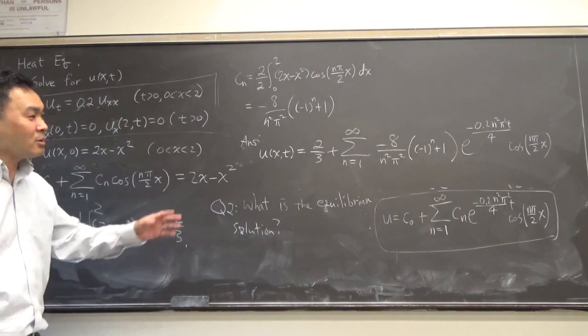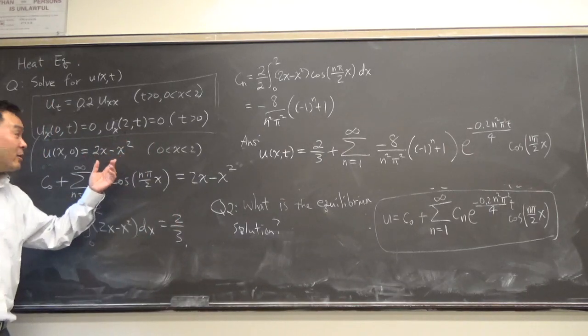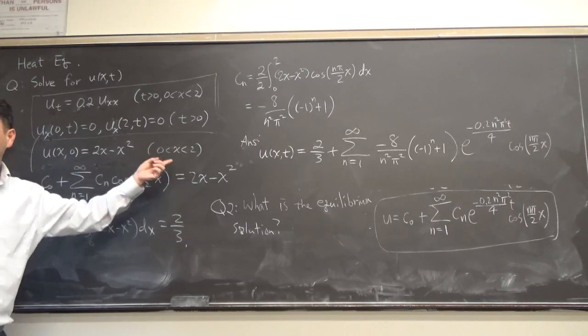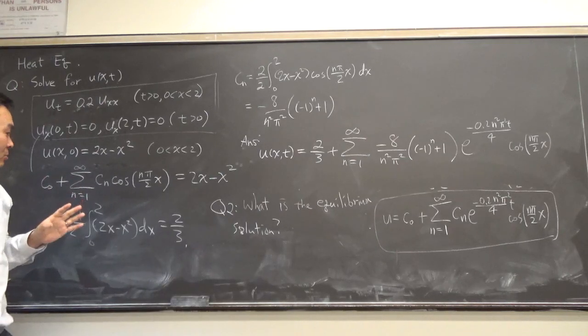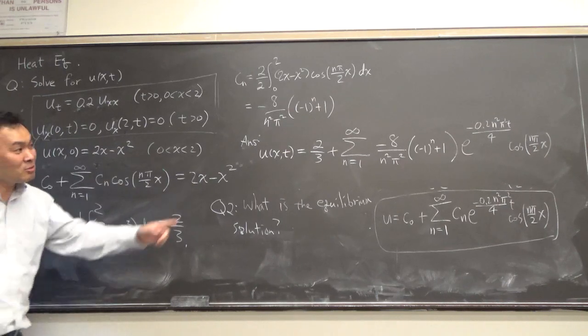Okay, so you're right. If you take the initial condition, you take the average by integrating from 0 to 2 and dividing by the length of the interval, which is 2. That's the average value. So that's one way to get it, but we actually did that already, right? It's 2 over 3, right? But you can read it from here.